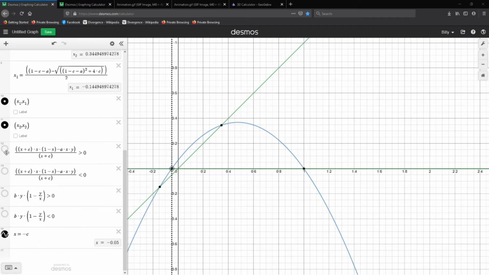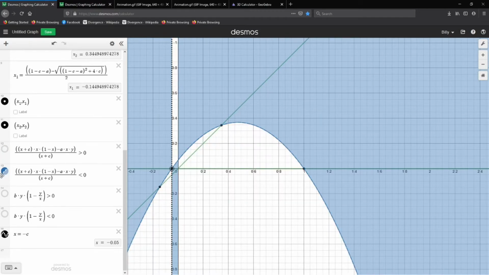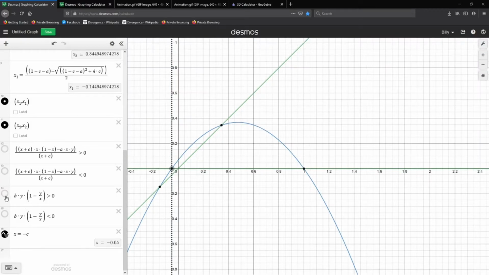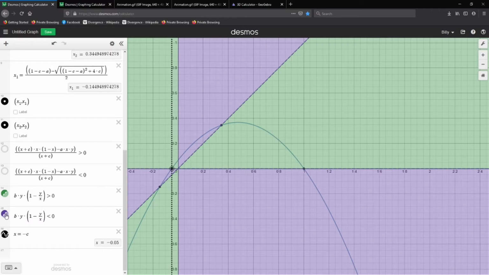And this can be visualized just by looking at the region where x prime is positive. In this case, the red region right here is positive, and the blue region right here is the region where x prime is negative. Likewise, we do the same thing for y prime as well. But this will be important a little bit later on.